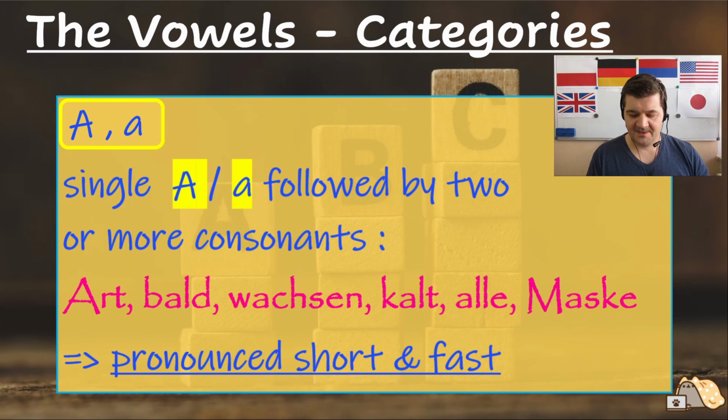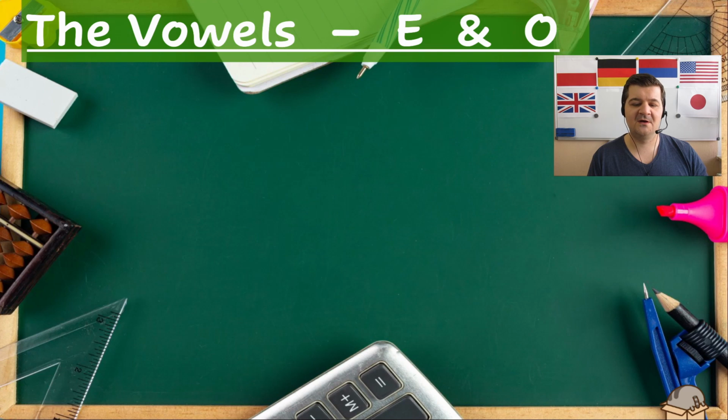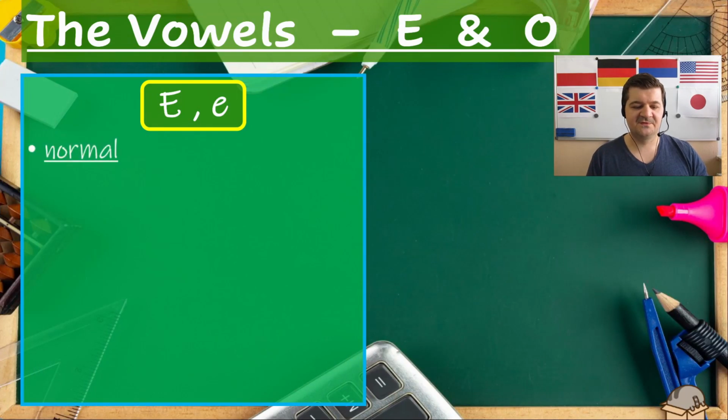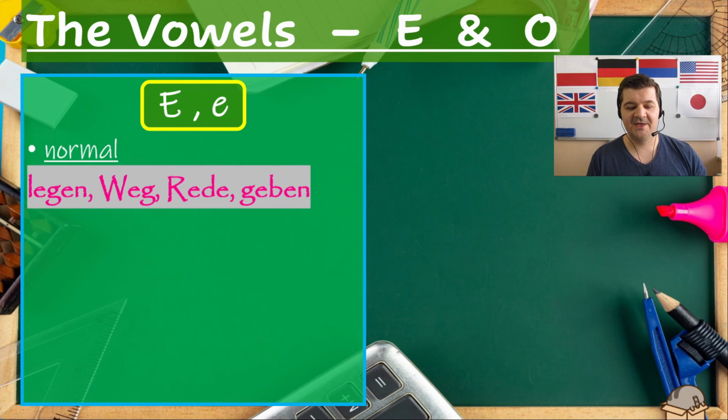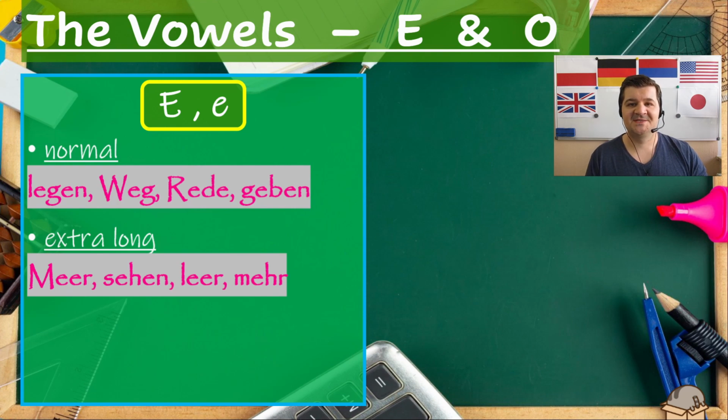So if we go on and we take a look on E and O, if you go for the first normal category of E, you might have words like legen, der Weg, die Rede, geben. If you go for the extra long one, you might encounter words like das Meer, sehen, leer, mehr.